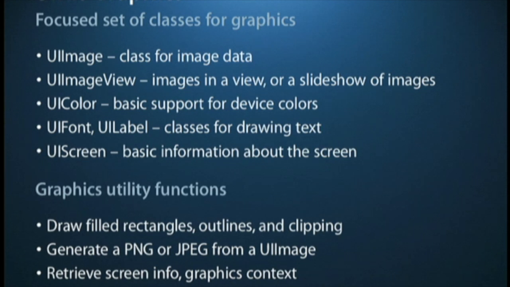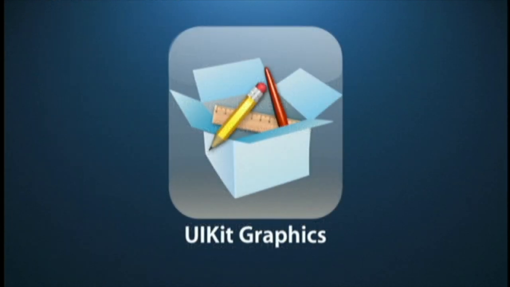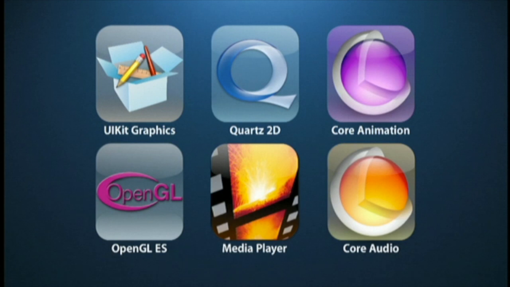And the UIScreen will give you back information about your screen dimensions. And finally, there's a number of utility functions to draw simple shapes like rectangles, functions to output particular image formats, and the hooks used by the lower level frameworks to get screen info and a context to render into. That's a quick view of graphics in the highest level framework, UIKit.